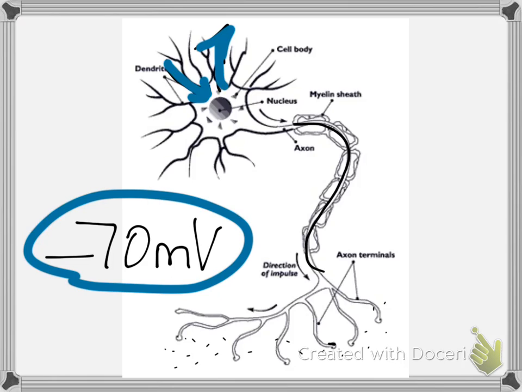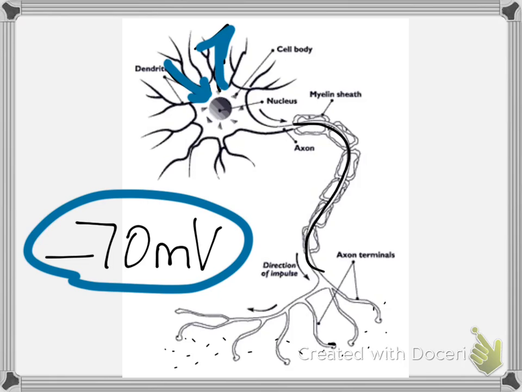Now, just as a note here, this is the process by which excitatory neurons communicate with each other. Excitatory neurotransmitters are ones that create action potentials. There are inhibitory neurotransmitters that prevent a neuron from firing. So if you're wanting to calm down, instead of being revved up in response to stress, you might have inhibitory neurotransmitters that prevent your cells from firing, so that your behaviors then don't occur.